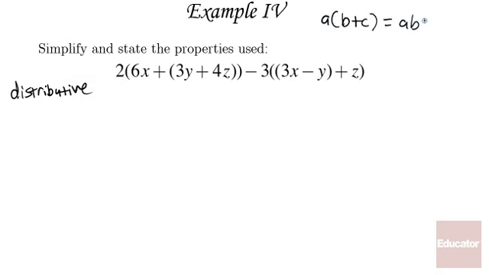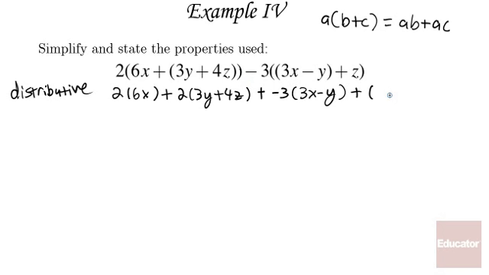Okay, this is 2 times 6x plus 2 times 3y plus 4z. So right now I'm just removing these outer parentheses. I'm keeping these intact. That'll take a second round. So plus negative 3 times the entire expression in the parentheses plus negative 3 times z.